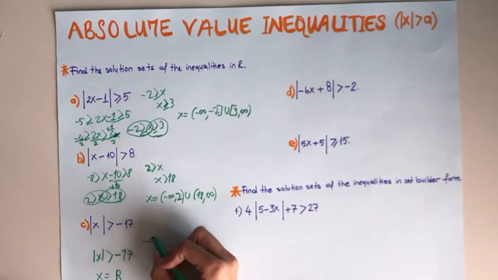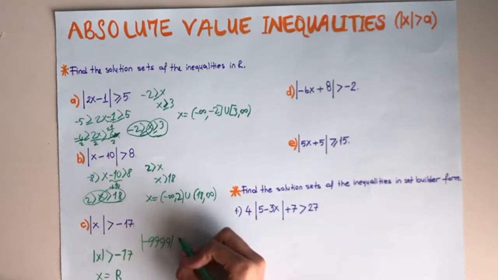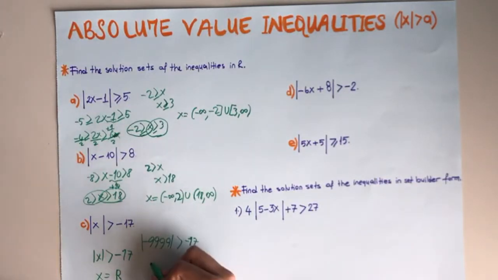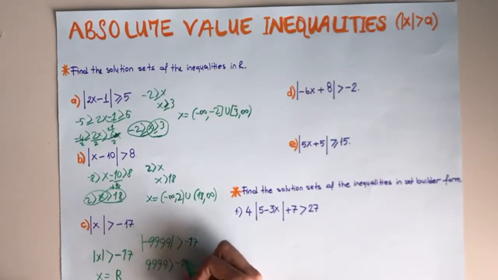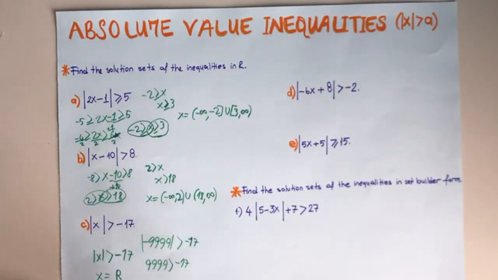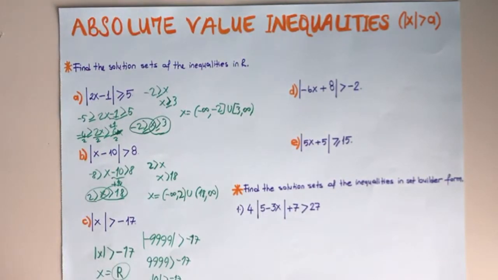If we have minus 9,999 in absolute value is bigger than minus 17, this is correct because 9,999 is bigger than minus 17. And another example, let's take 0. 0 in absolute value is bigger than minus 17. So answer is R, all real numbers.